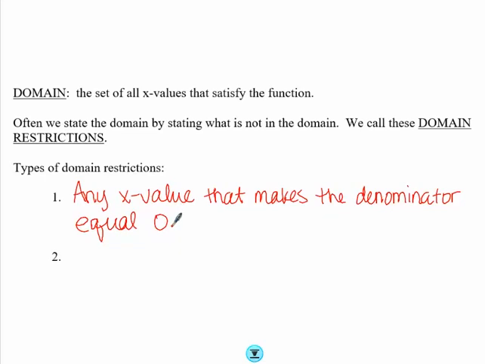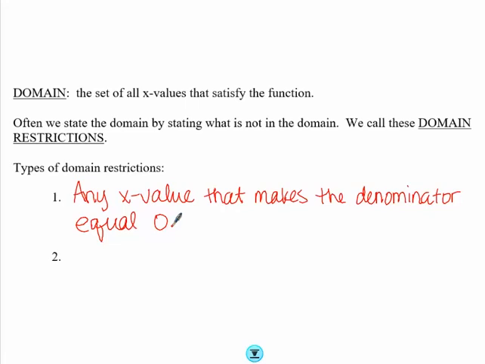And that is because we cannot divide by 0. So if you plug in a number for x and that makes the denominator equal 0, then you have a function where you are dividing by 0. So that value of x is not a part of our domain.